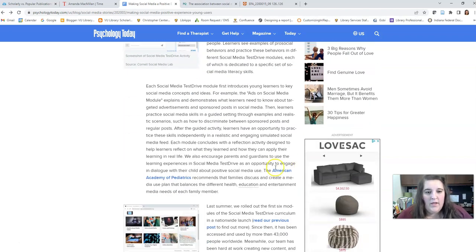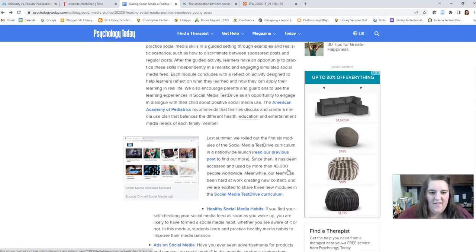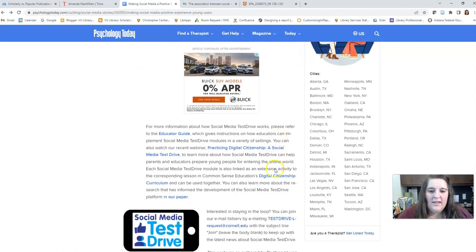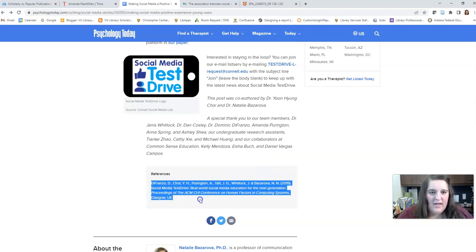A lot of times they will start putting reports in there, so I am getting some kind of quantitative evidence in there as well. A thing that's different is that a lot of times they will include an actual reference if there's a particular study that they're putting in there.